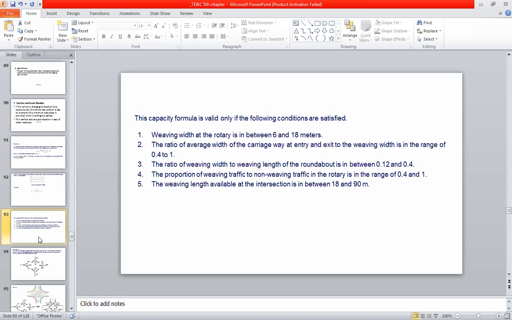The ratio of the average width of the carriageway at entry and exit to that of weaving width should be in the range 0.4 to 1. The ratio of weaving width to weaving length should be between 0.12 to 0.4. P, the proportion of weaving traffic to non-weaving traffic, should be in the range of 0.4 to 1. And the weaving length should be between 18 to 90 meters. Okay.